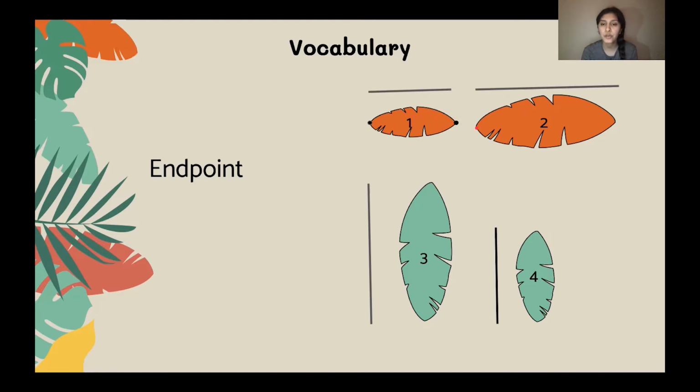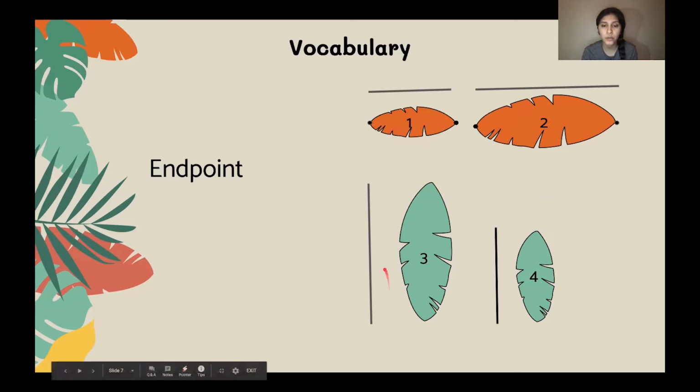For leaf 2, we would have the same endpoint as here and we would end all the way over here just like we did here. So these are the endpoints. This is where they start. This is where it ends. So you're going to start measuring here and end right there for leaf 1. And start here and end here for leaf 2. So these are from side to side.